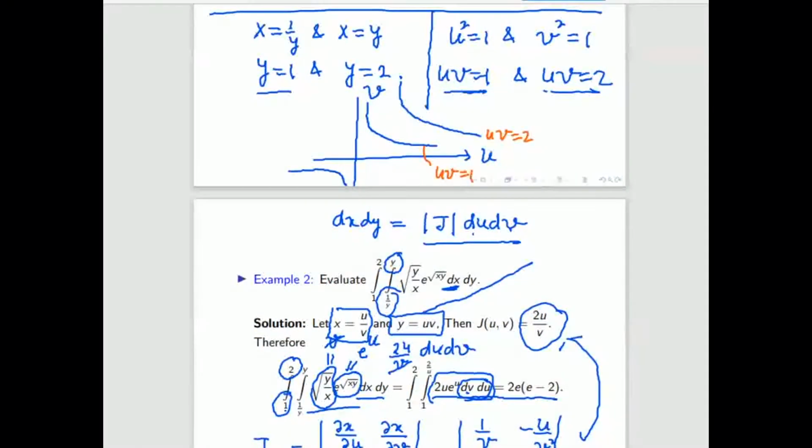Now what is the picture of u square equal to 1? That means u equal to plus minus 1. That means this is the line, either u equal to 1 or u equal to minus 1. Similarly v equal to 1, so I am just putting this picture. This is u equal to 1 and this is v equal to 1.